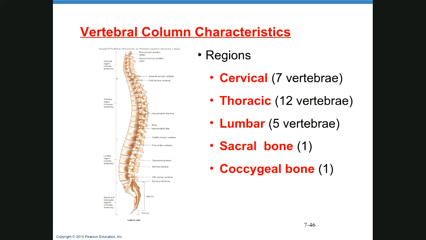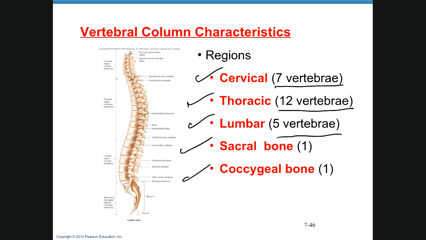So the regions of the vertebral column consist of the cervical region, thoracic region, lumbar region, sacral region, and coccygeal region. The cervical region has 7 vertebrae, the thoracic region has 12 vertebrae, the lumbar region has 5 vertebrae, the sacral has 1, and the coccygeal bone, the coccyx, is just 1 bone.